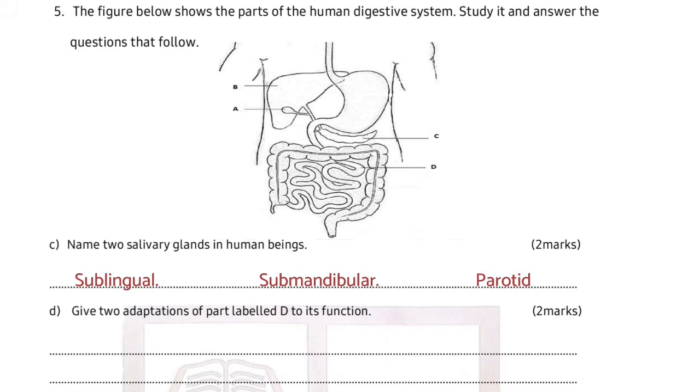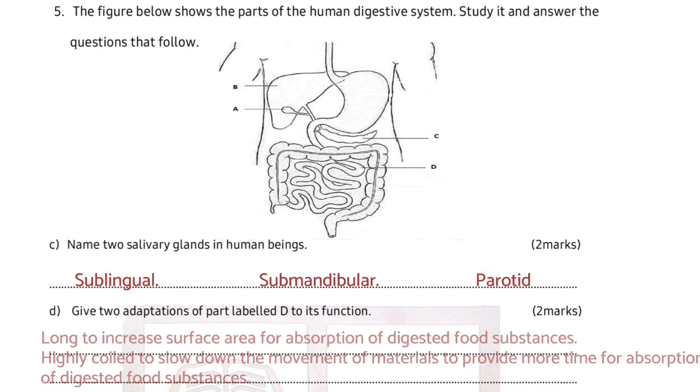So let's talk about the adaptations. Number one, as you can clearly see, it's long to increase the surface area for absorption of digested food substances. Number two is that it's highly coiled. This, of course, will slow down the movement of digested food, allowing for more time for absorption.